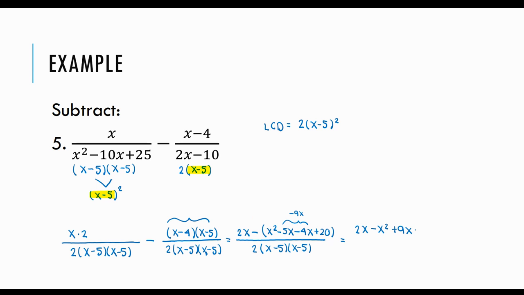And when I distribute the negative to the 20, we'll have negative 20. So one more thing to combine, I have some x's there. So then that's going to give us a negative x squared plus 11x minus 20 all over my denominator.